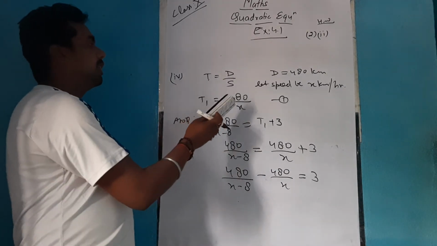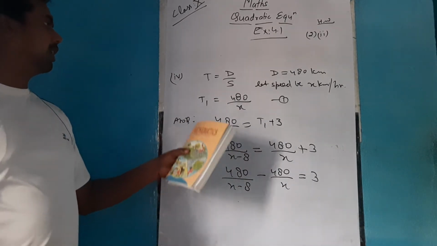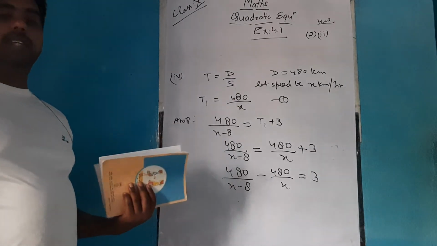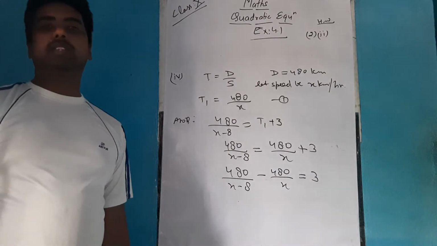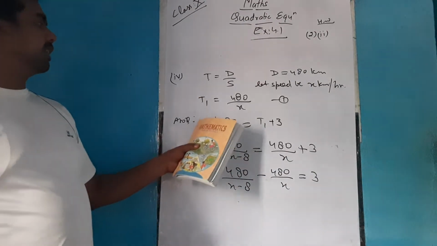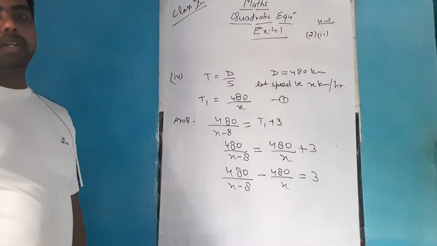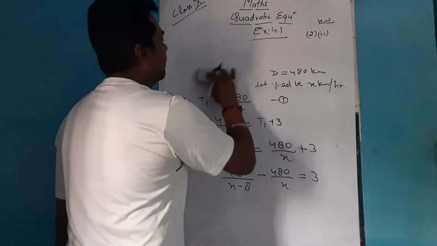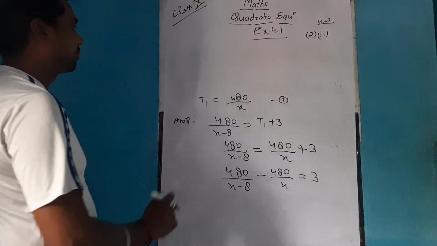So when the speed is x km per hour and he has to cover a distance of 480 km, time taken will be 480 by x. Now when it says that when the speed is reduced by 8 km per hour, time is increased by 3 hours, so when the speed is x minus 8, time becomes previous time plus 3 hours. So we get this equation. Now we will try to simplify this equation to get the value of x.